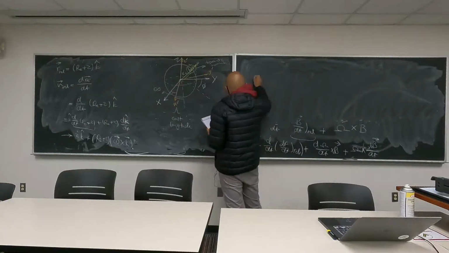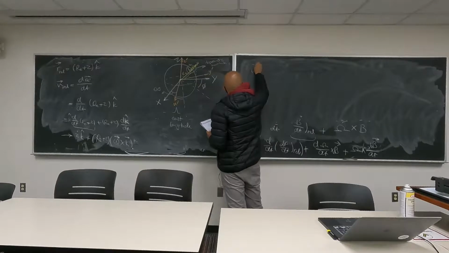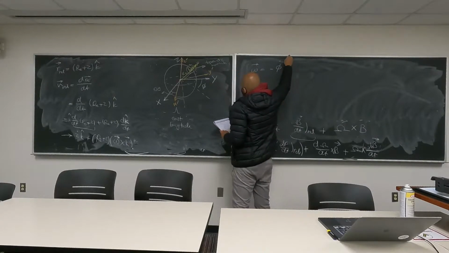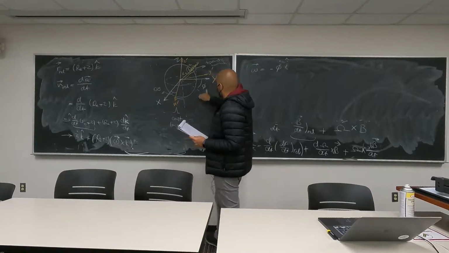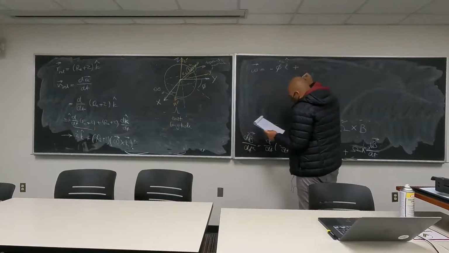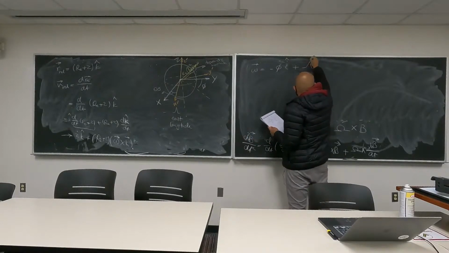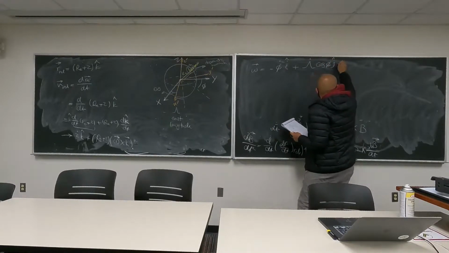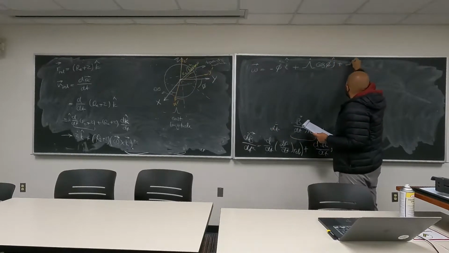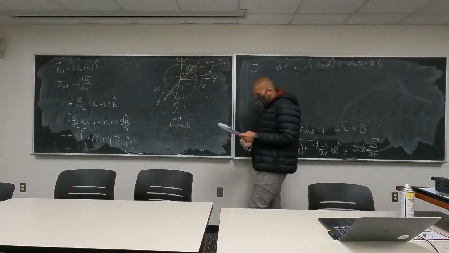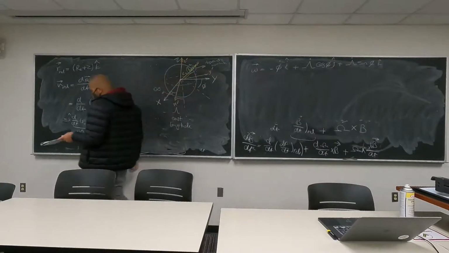Omega of the Earth is equals to negative phi dot I, angle phi here, right? Plus lambda dot cosine of phi j plus lambda dot sine of phi k. Okay, so we have the omega.